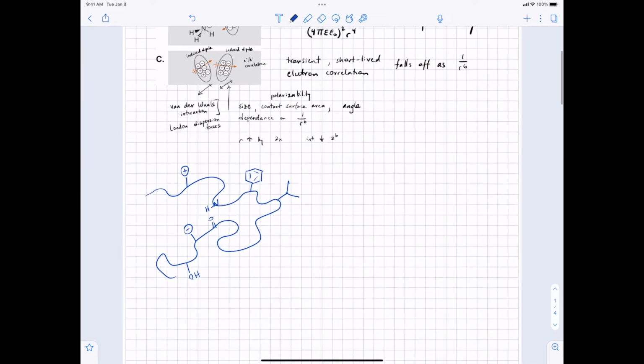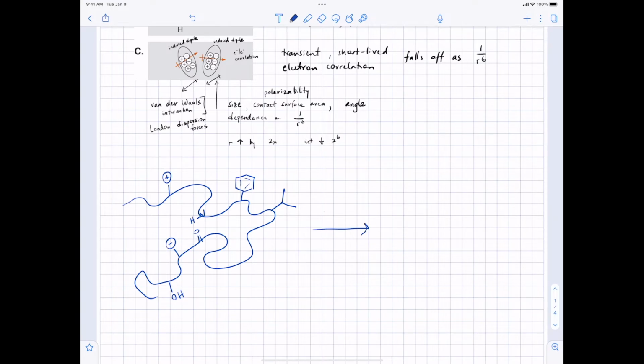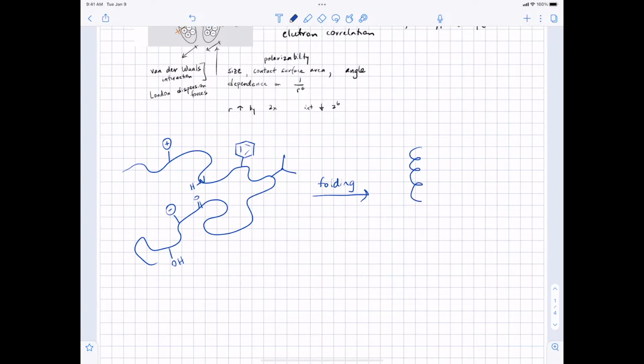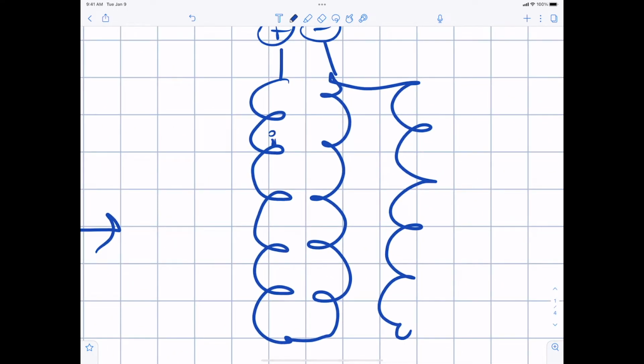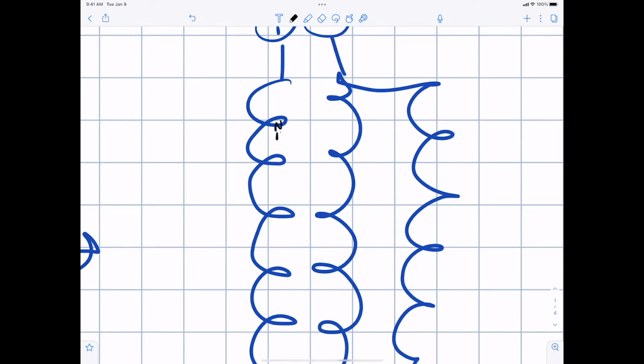And then presumably you've got this process called folding, wherein a protein adopts its specified conformation, and perhaps in this conformation now you have positive charges and negative charges interacting on the surface. Perhaps you have a hydrogen bond between an amide nitrogen and a carbonyl oxygen.